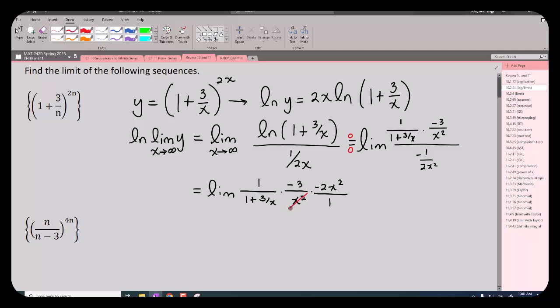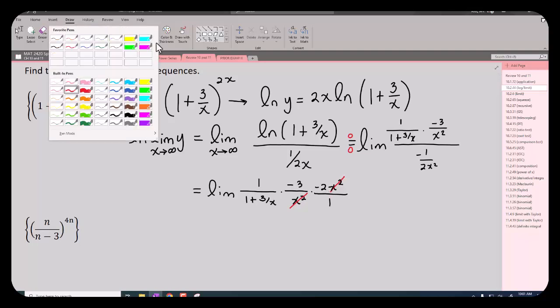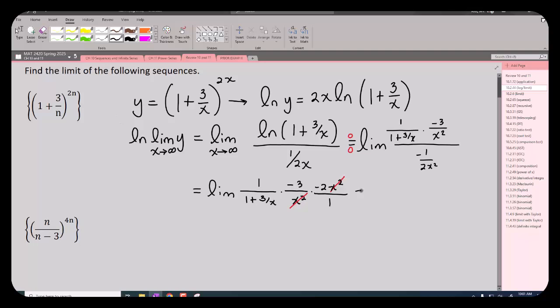We see that the x squareds are going to cancel. We see that the minus signs are going to cancel. And we are going to end up with the following. So we'll have the limit as x goes to infinity of 6 divided by 1 plus 3 over x. And that limit is 6.